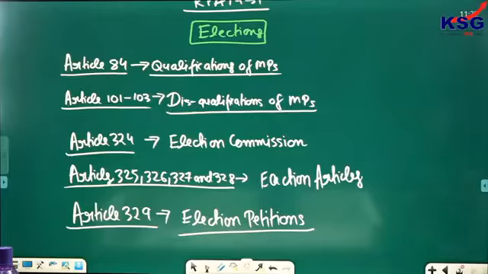So I'm a little careful in telling you that the questions from elections can be a real possibility. So just take down these articles: Article 84, 101 to 103, Article 324, 325, 326, 327, 328 and 329, correspondingly with the materials that have been written over there.